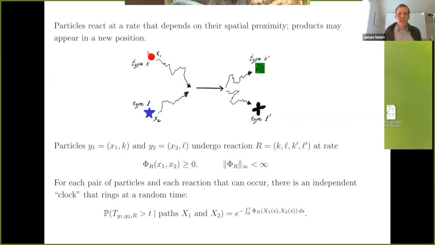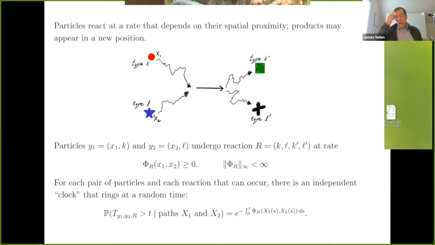So this diagram is illustrating, let's say, a type K particle, the red particle here, reacting with the type blue particle. So they're moving around in space, and as they get closer, they become more likely to interact. So this kernel is a function of the position of the type K particle and the type L particle.